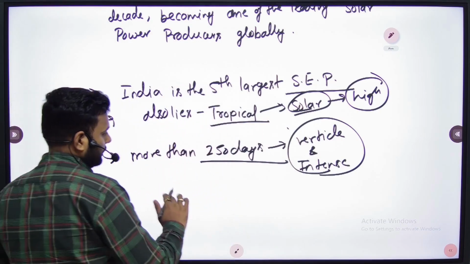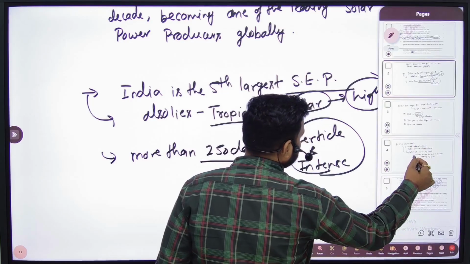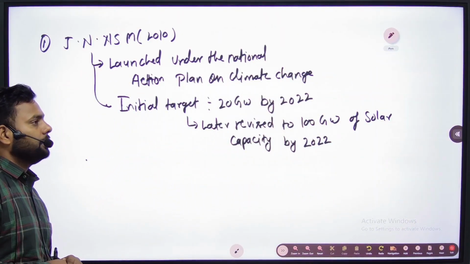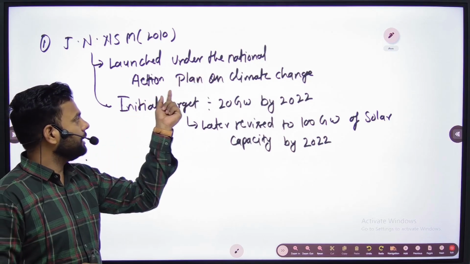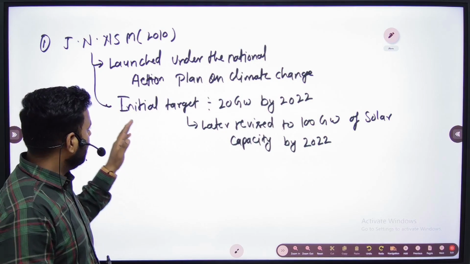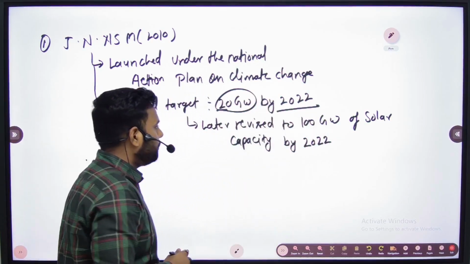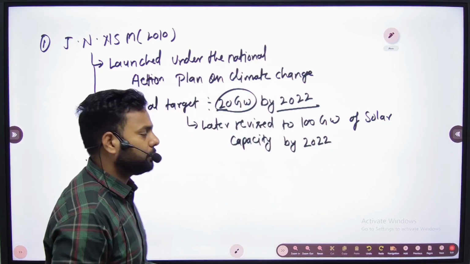So you should start with this, and now you just shift to programs like the Jawaharlal Nehru National Solar Mission 2010, launched under the National Action Plan on Climate Change. Initial target इसका क्या था, 20 gigawatt by 2022, later revised to 100 gigawatt of solar capacity by 2022.